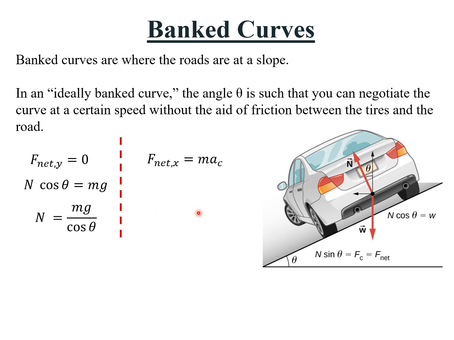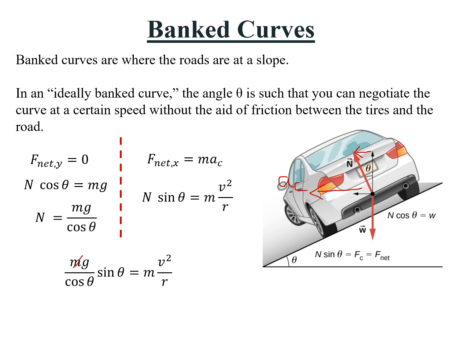Now let's apply the same concept in the x direction. In the x direction, we are going to have centripetal acceleration. So F net in the x direction is equal to mass times acceleration, and this is centripetal acceleration. In the x direction, I only have a component of the normal force, which is n sine theta. So n sine theta is equal to mv squared over r. The normal force, as we noted, is equal to mg divided by cosine theta. I can substitute that in.